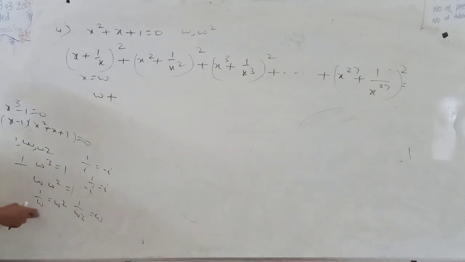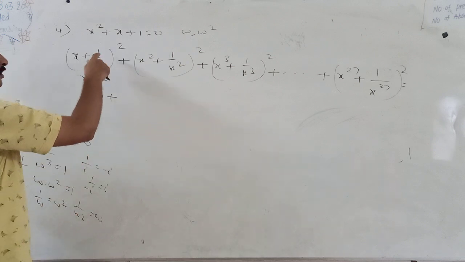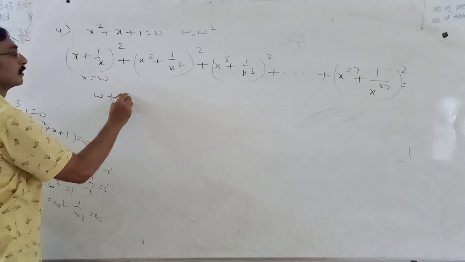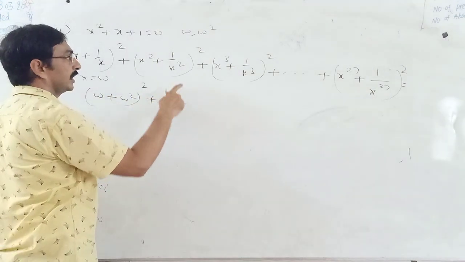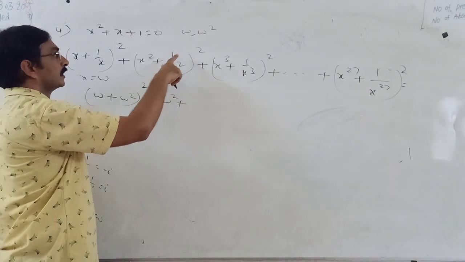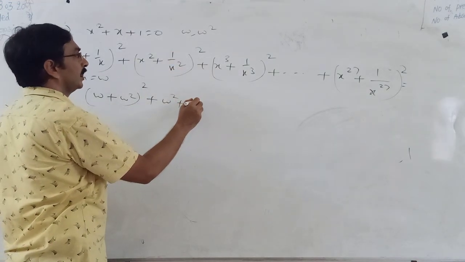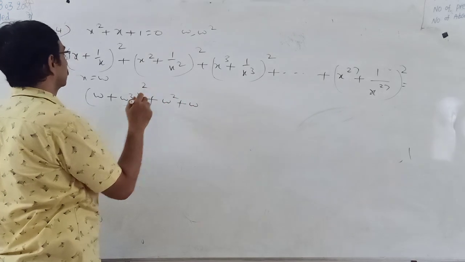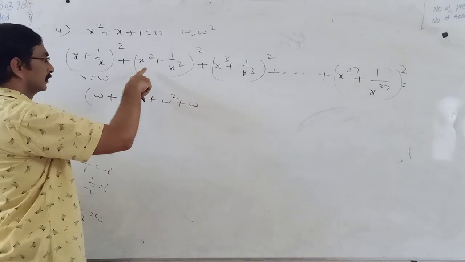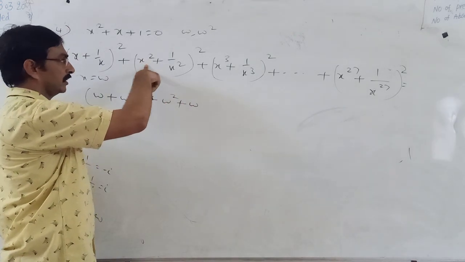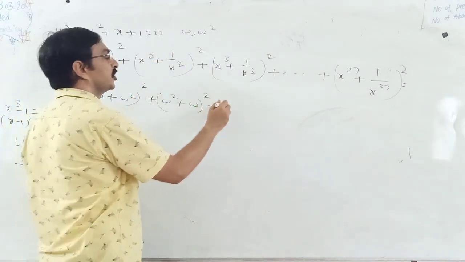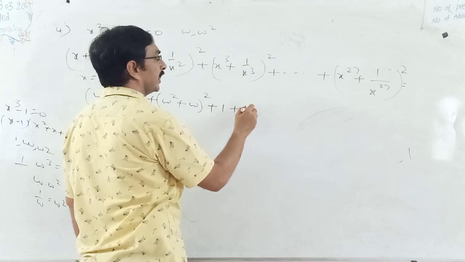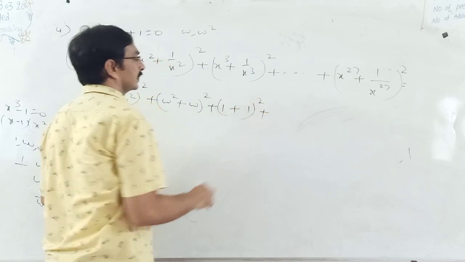Similarly, 1 by omega equal to omega square, 1 by omega square equal to omega. So here 1 by omega is omega square. x square is omega square. So 1 by omega square is omega. Omega square plus 1 by omega square is omega whole square. Omega cube value 1. 1 by omega cube is also 1, whole square.